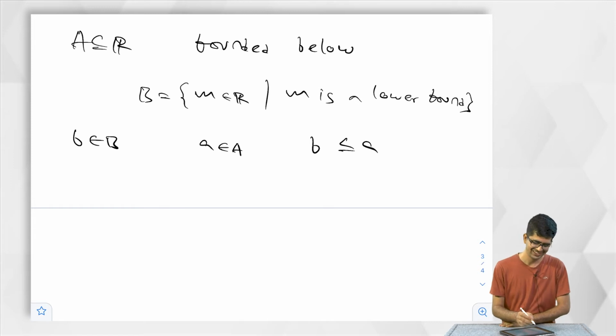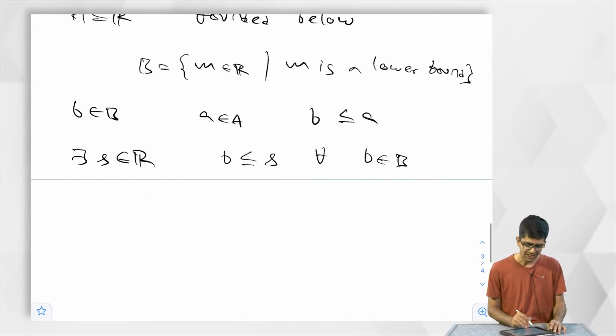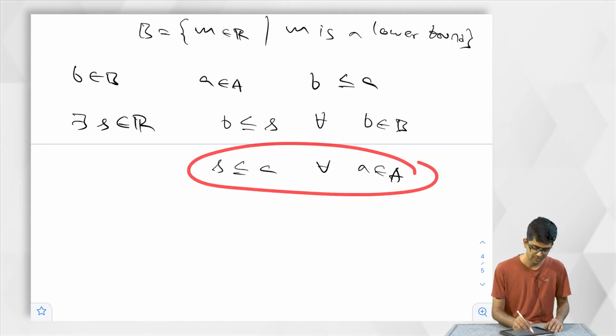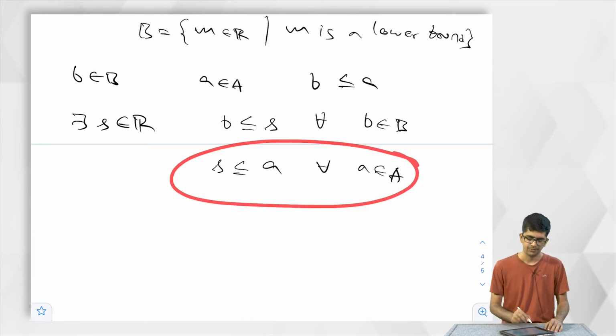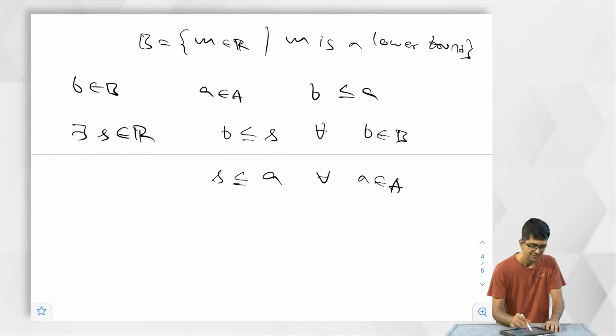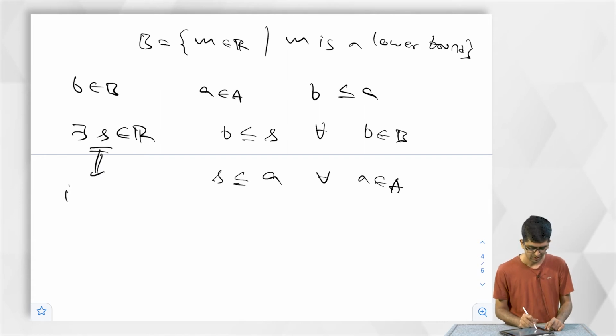Again, it says there is an element S belongs to R such that b is less than or equal to S for every b belongs to B and S is less than or equal to a for every a belongs to A. Remember we are starting with A. And again the same previous justification says such S has to be unique. We call such S to be infimum of A.